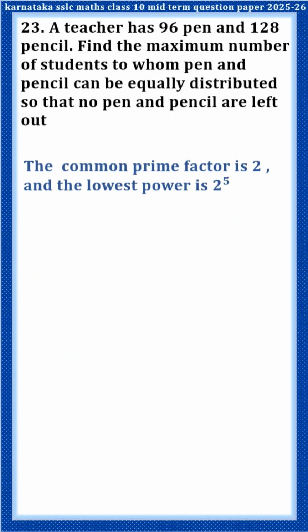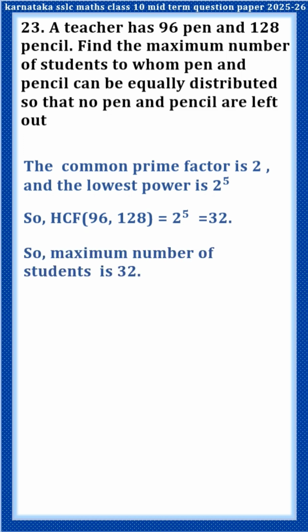The common prime factor is 2 and the lowest power is 2 to the power of 5. So HCF of 96 and 128 is 2 to the power of 5, that is 32. So the maximum number of students is 32. Each student will receive how many pens?